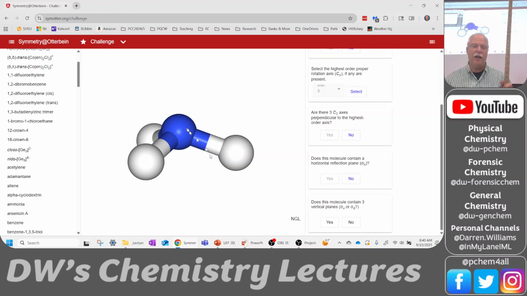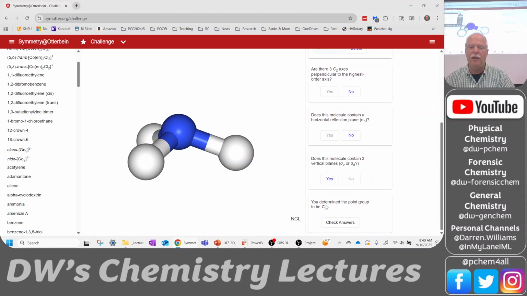Like the plane of the paper, or the board, the front hydrogen and the back hydrogen reflect into each other, and every NH bond is in the reflection plane. Then the other 2 hydrogens reflect, and we showed that in the animation. So we would say yes, it contains 3 vertical planes, and so we've arrived that the point group is C3V.